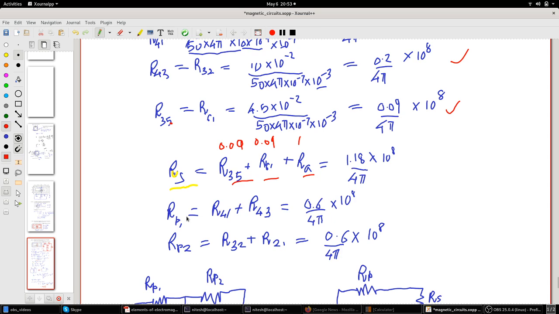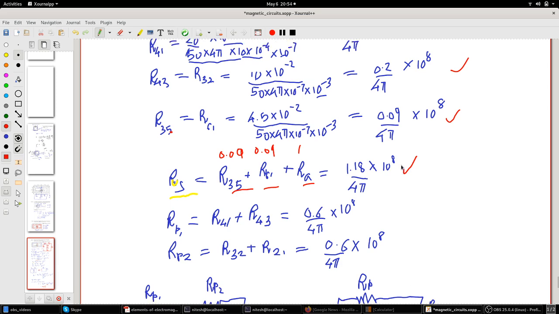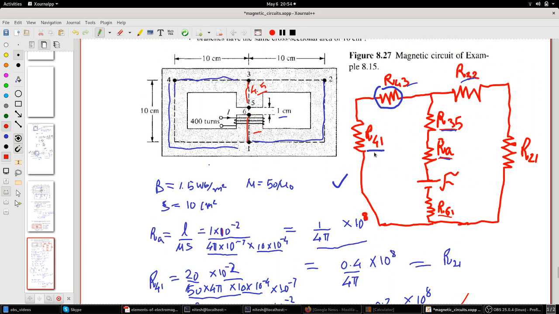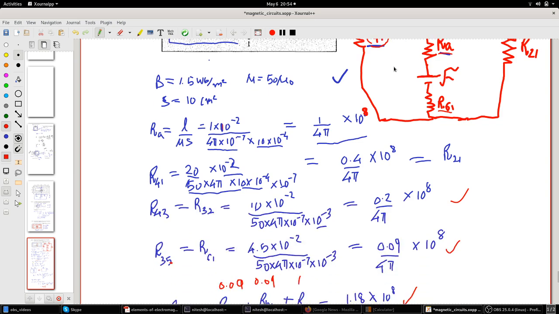So now RP1 is equal to R41. So this is done. What I am doing next step is adding this R41 with R43 and creating one reluctance, which is called RP1.